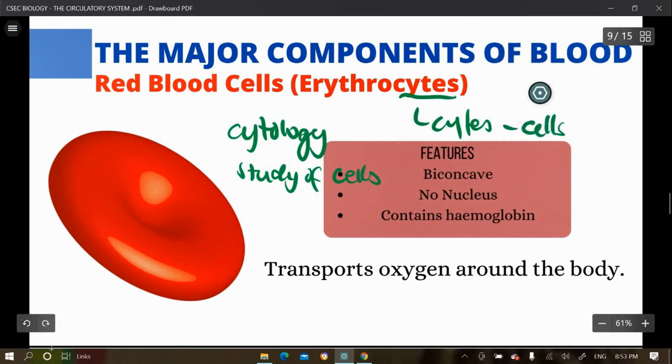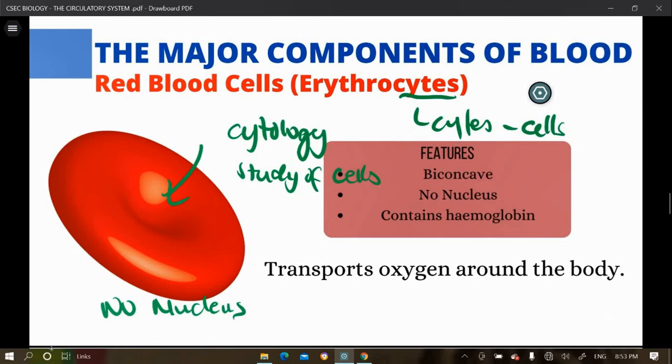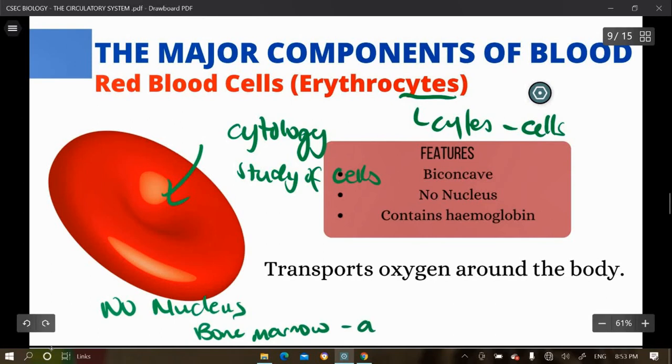Now, red blood cells have distinct shapes, right? They are biconcave and they have no nucleus. So basically, red blood cells die within a couple of weeks. And of course, more are generated in the bone marrow. So that's where red blood cells are synthesized.